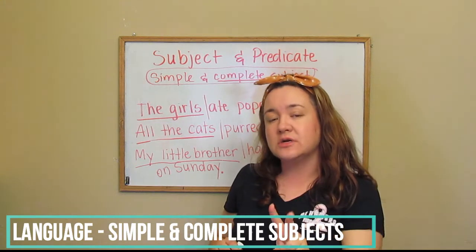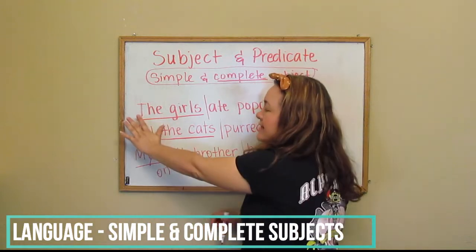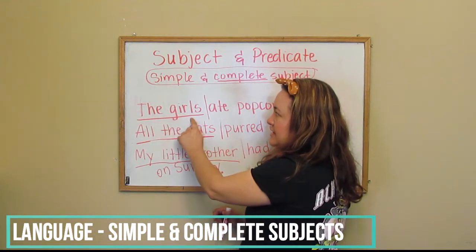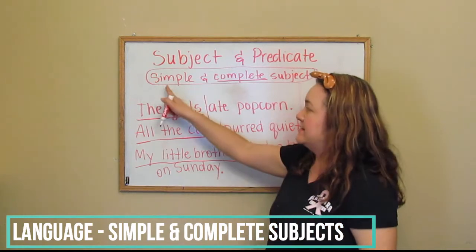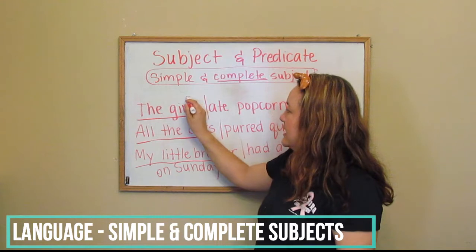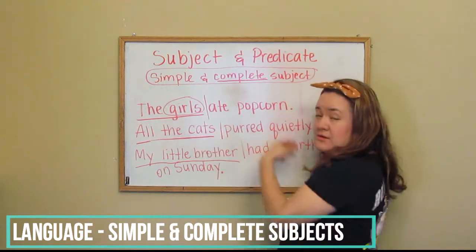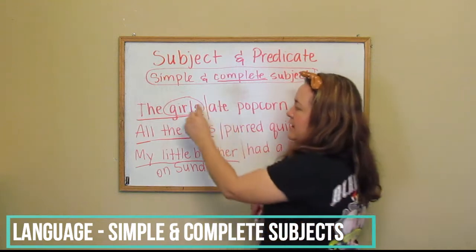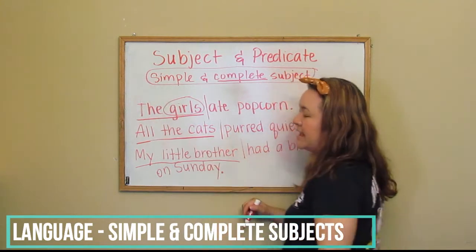So it's one or two words that is the main subject of the sentence. So this is all the complete subject. We want to pick out the one word, or sometimes two, that is the simple subject. The girls, we're going to drop the word the, and it's actually going to be just girls. The girls is what the sentence is about, but the actual simple subject would be just girls. We're dropping the word the, okay?